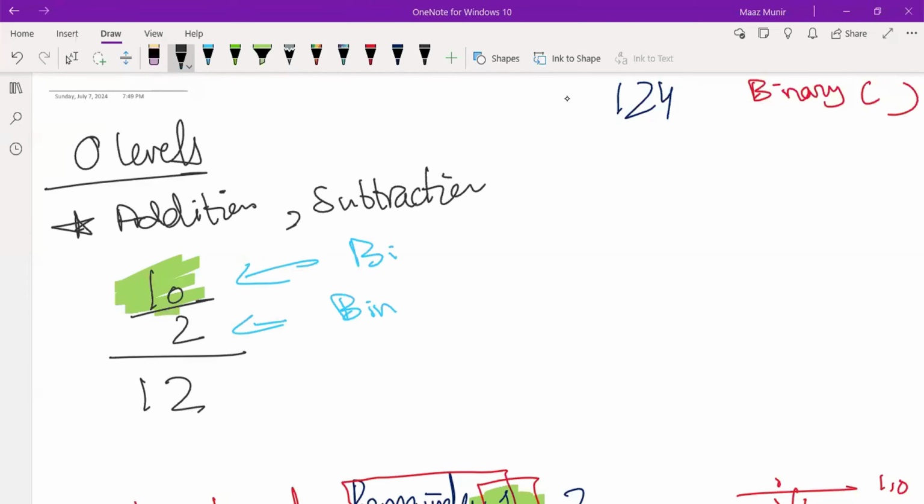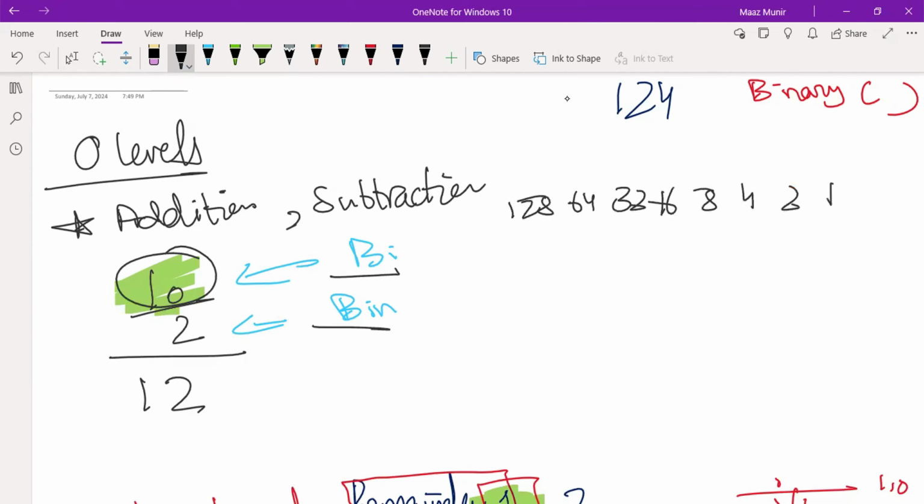Yeah, so I was saying that the computer only gets to know what binary means, right? So in binary, we need to first convert these digits 10 into binary, and then we can add those binary numbers later on. So what's 10 in binary? We're going to write the values up here: 1, 2, 4, 8, 16, 32, 64, 128.